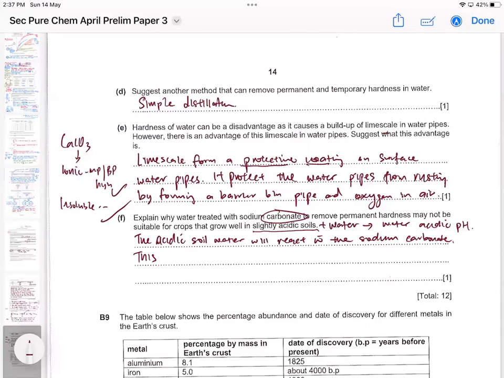Yeah. So in our attempt to reduce the hardness of the water, we actually make the soil water unfavorable for the plants. Because by adding carbonate, you may neutralize it.